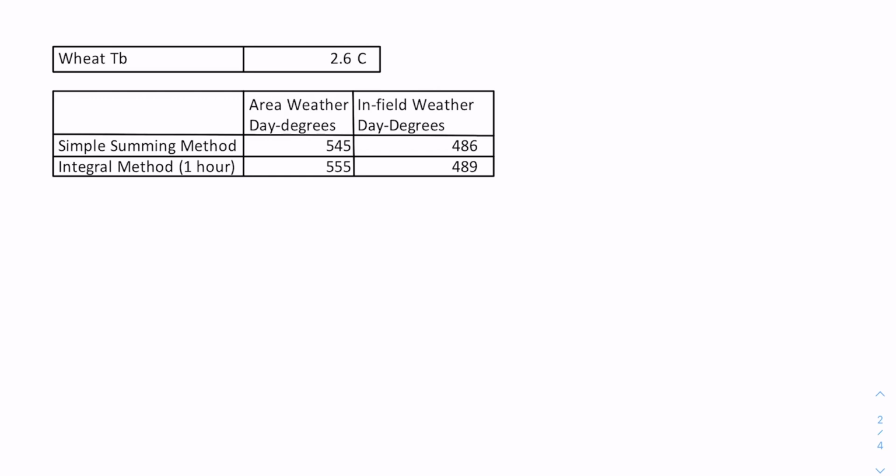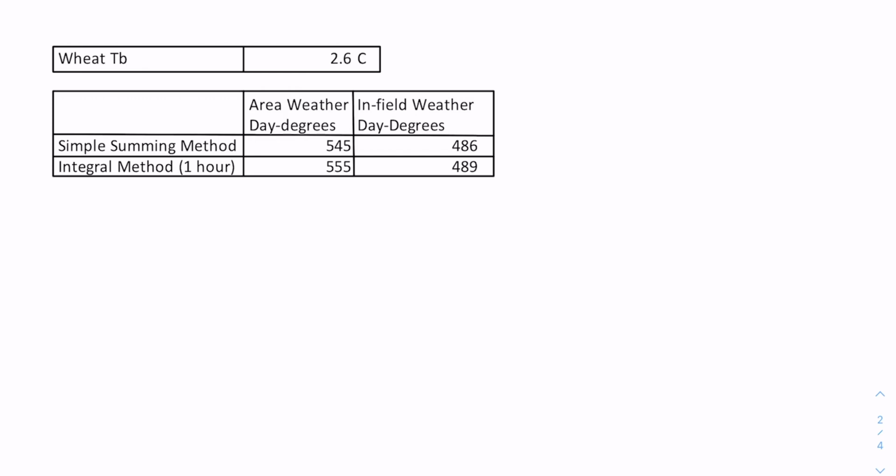And then I just went ahead and used this extrapolated area weather data to look at the day degrees accumulated over this month and a half period using two methods I discuss also in that other chalk talk, the simple summing method and the integral method. And we learned that these are fairly close together, even though I thought they wouldn't be.